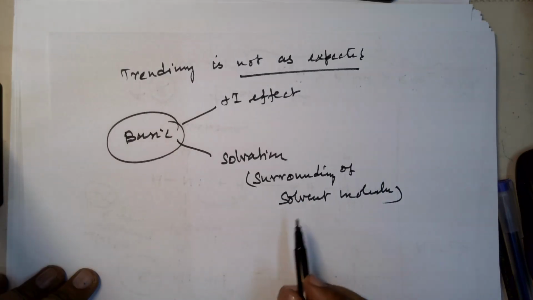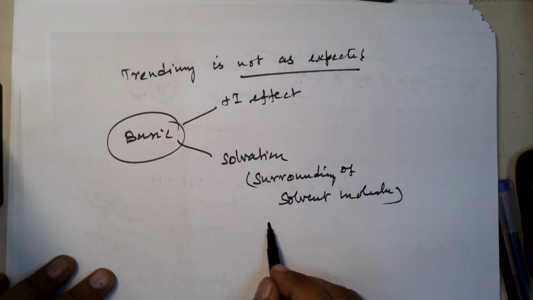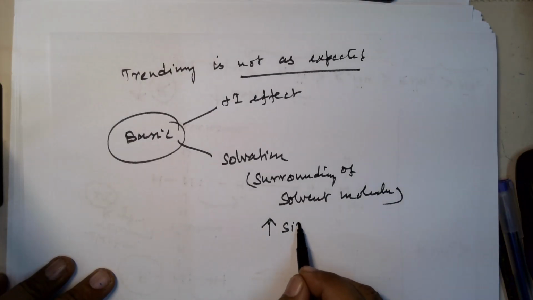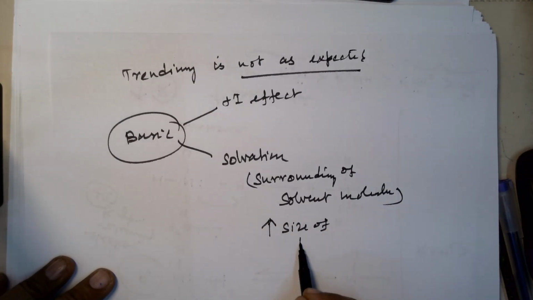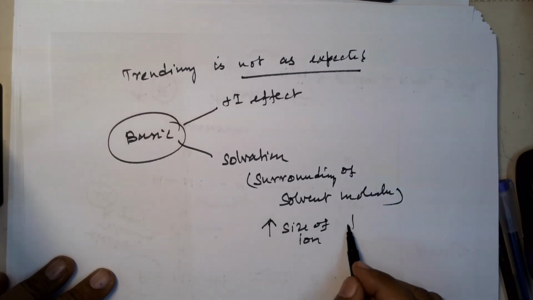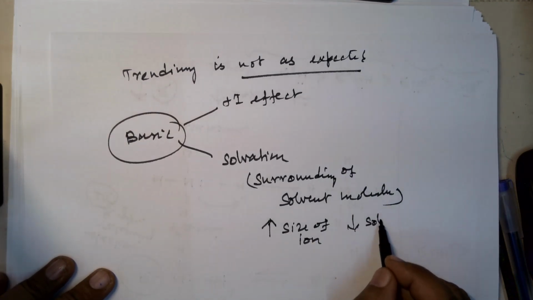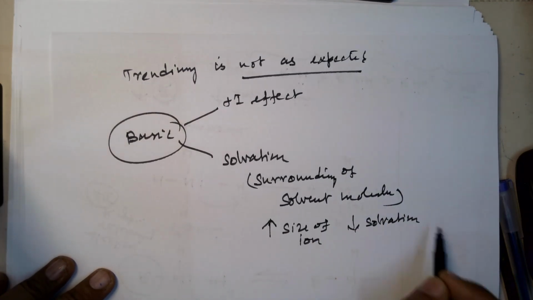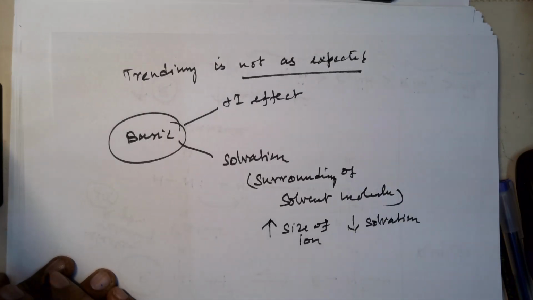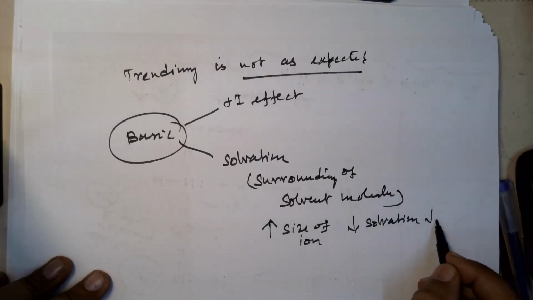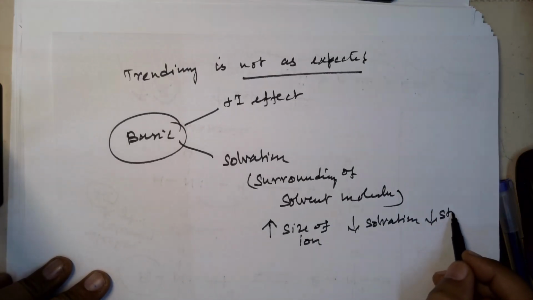According to this, the greater the size of the ion, the lesser will be the solvation. Therefore, the stability of the ion is less.